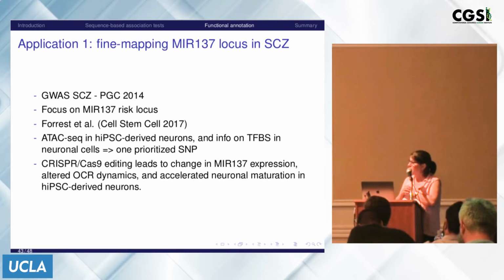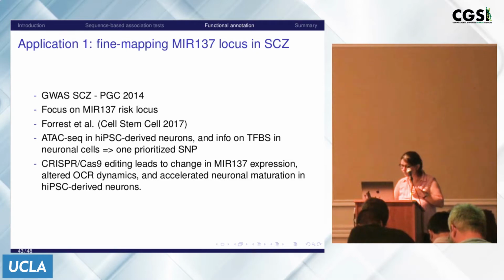They did some ATAC-seq experiments in human induced pluripotent stem cell-derived neurons, and they used some other information on transcription factor binding sites to prioritize one SNP. And then they used CRISPR-Cas9 editing to show that this variant is functional and affects the expression of this gene, and has some other functional effects.